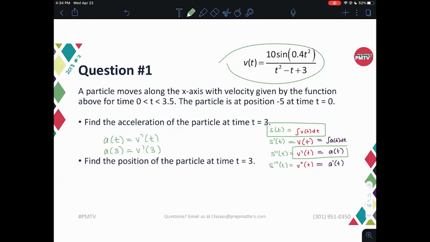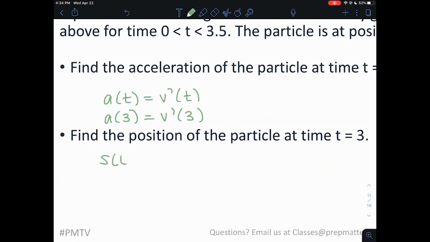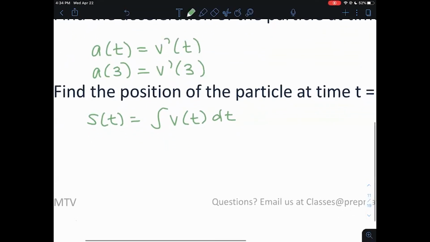So in this particular case, S of t is equal to the integral of velocity of t with respect to t. That's going to give me a function. I want to get an actual number, an actual value, which means I need to make this a definite integral. And I want S of 3.